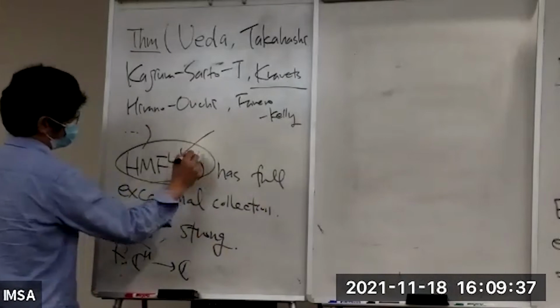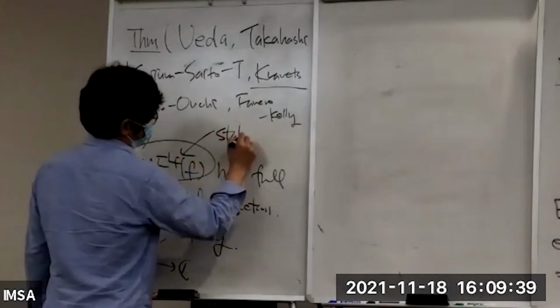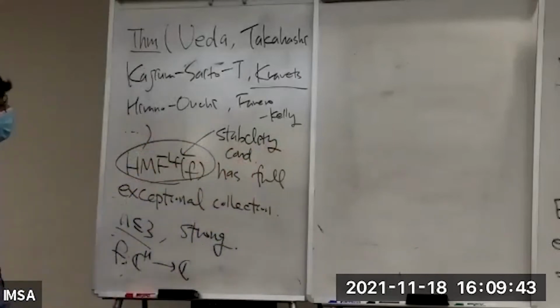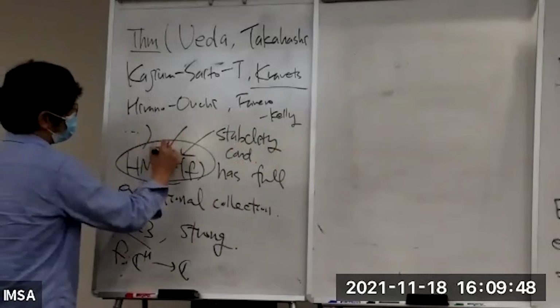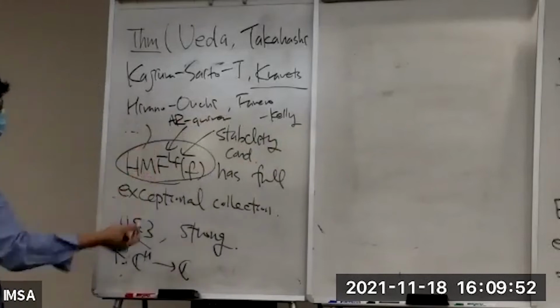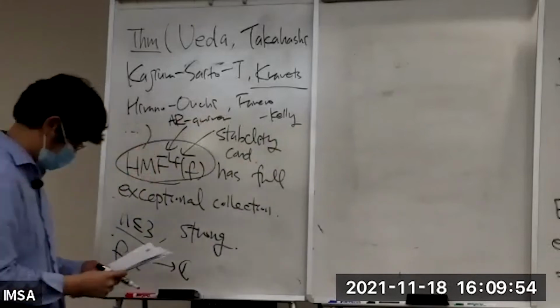There is a so-called standard construction in this category, it has a strong exceptional collection, and we can also study so-called Bridgeland stability conditions and quivers like this. So there are lots of works on the construction.